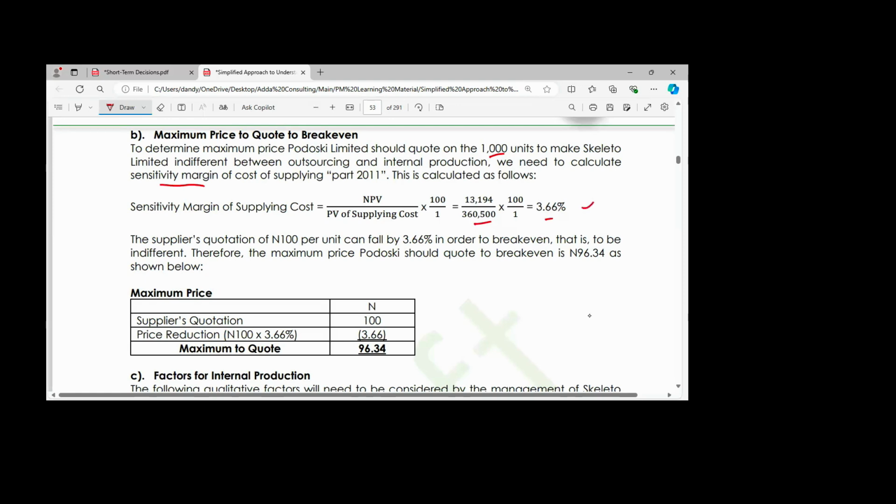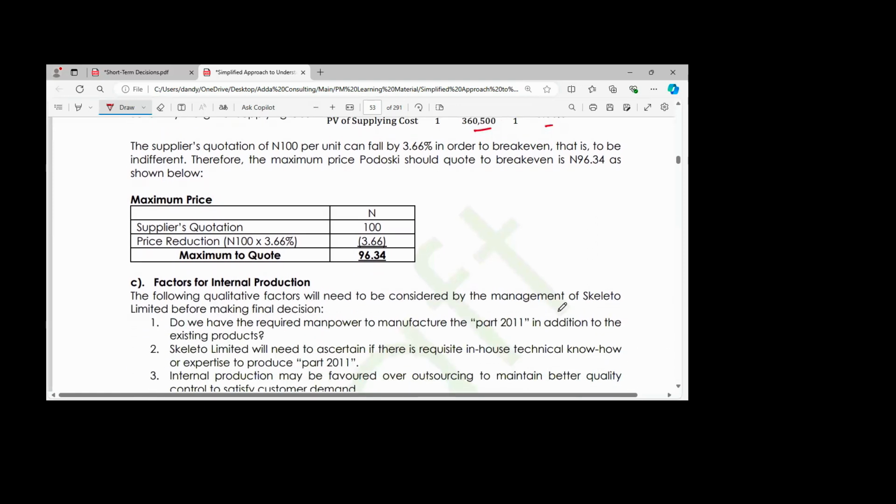So we got 3.66%. The supplier's quotation of 100 naira per unit can fall by 3.66% in order to break even, that is, to be indifferent. Therefore, the maximum price KK should quote to break even is 96 naira 34 kobo, as shown below. I pick the supplier's quotation of 100 naira. 3.66% of 100 naira gives me 3 naira 66 kobo.